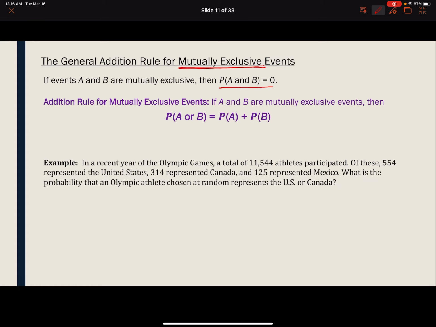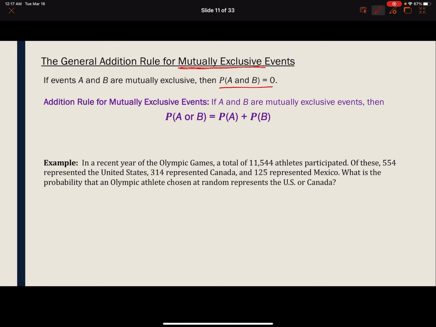If you look at this example, it says in a recent year of the Olympic Games, a total of 11,544 athletes participated. Of these, 554 represented the United States, 314 represented Canada, and 125 represented Mexico. What is the probability that an Olympic athlete chosen at random represents the US or Canada?